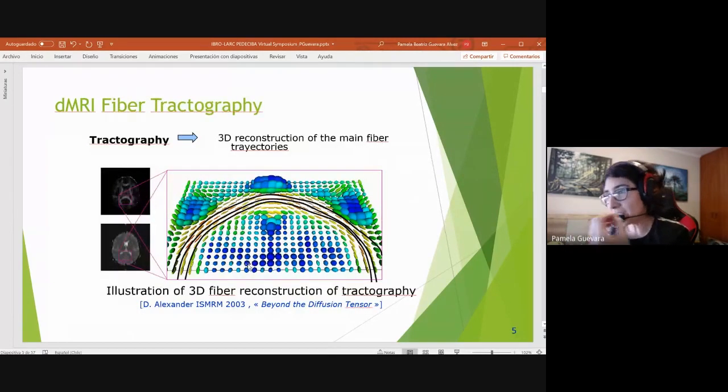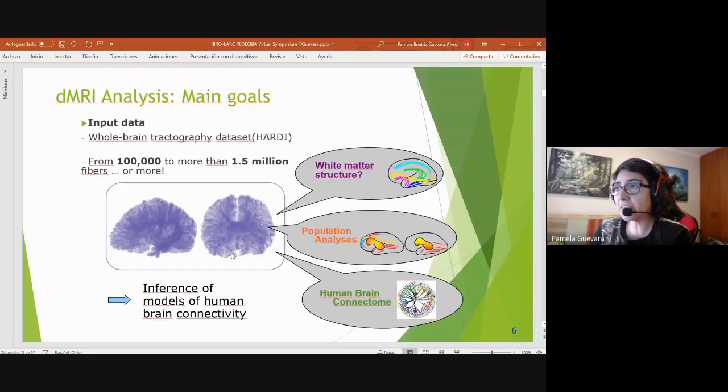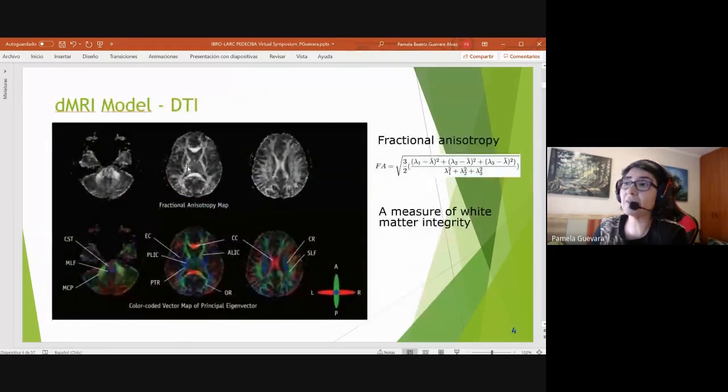But once you have the DTI, you can calculate the fractional anisotropy that is an image. And there are also other measures, the mean diffusivity, the axial diffusivity, and the radial diffusivity. All these measures are images. And also from the DTI, we can calculate the tractography. So you have both information.